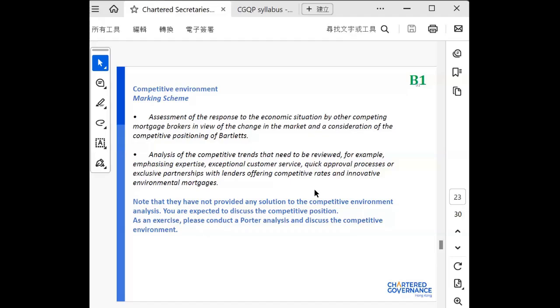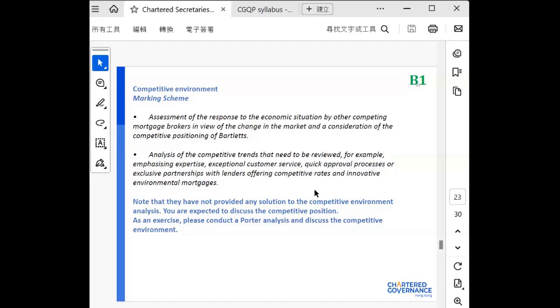So maybe you can conduct the five forces. In this case, new entrants. That means you need to have capital investment. Maybe it's easier now because people are using digital platforms and fintech innovations. That may be a threat, as there are possibilities that the newcomers can join the market easily now.